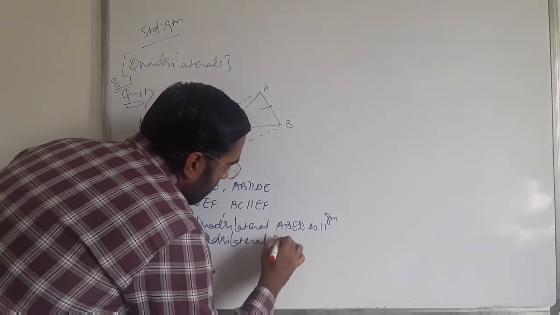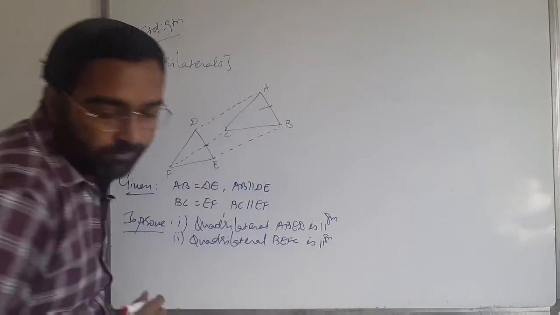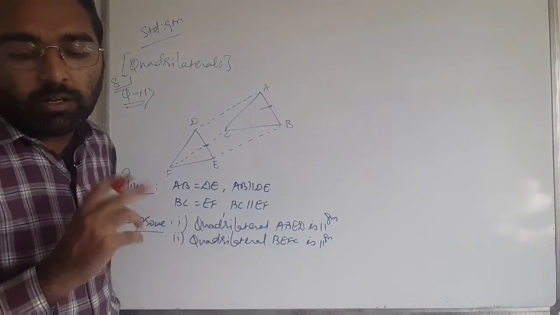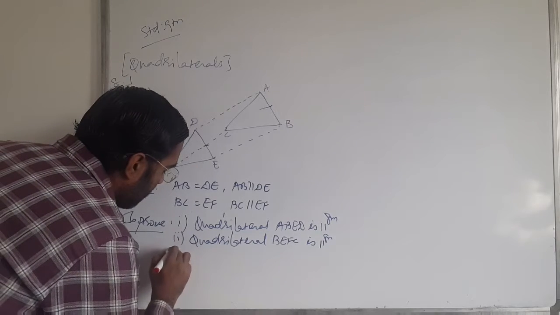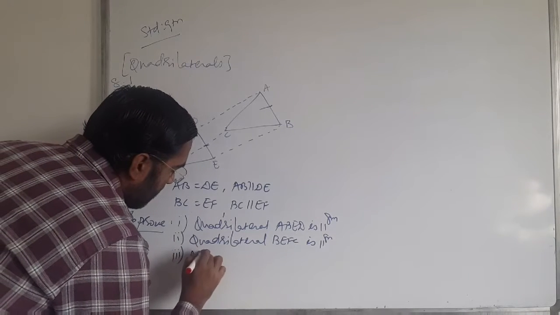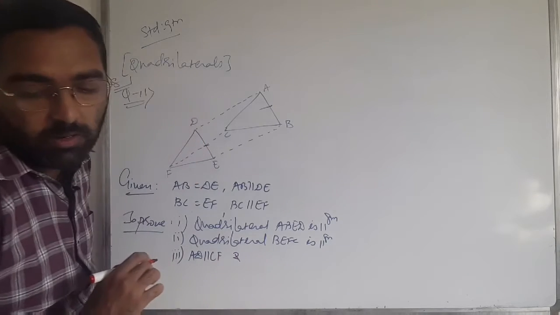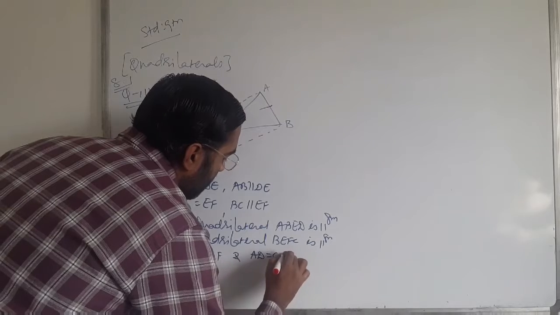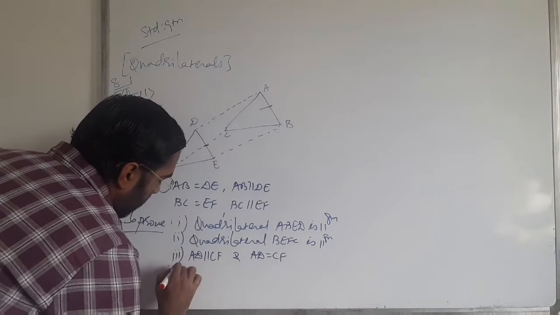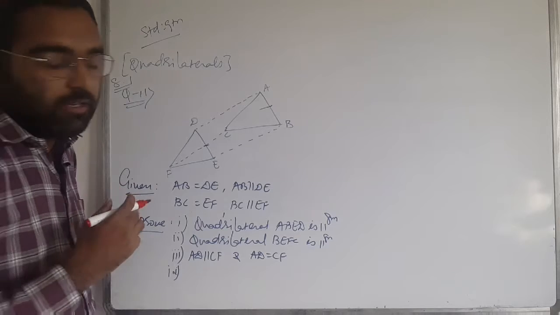Third thing, AD parallel to CF and AD is equal to CF. Fourth one, quadrilateral ACFD is a parallelogram.